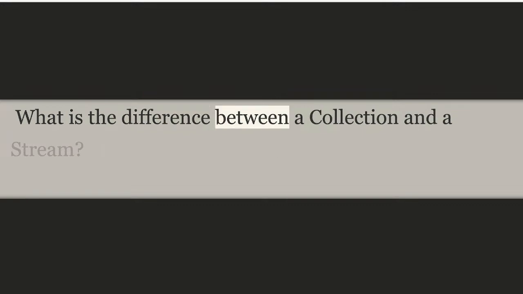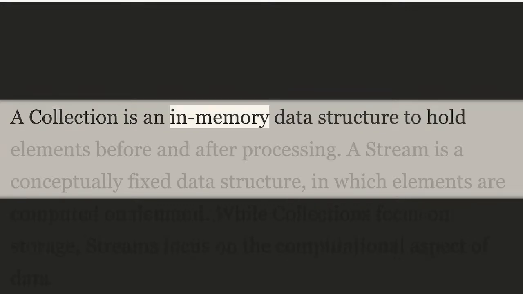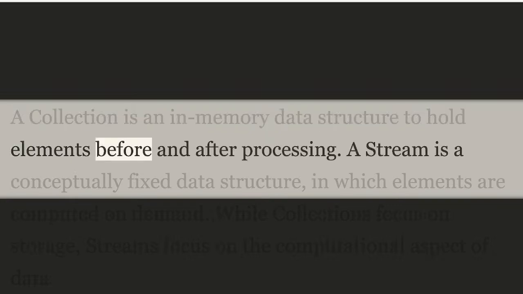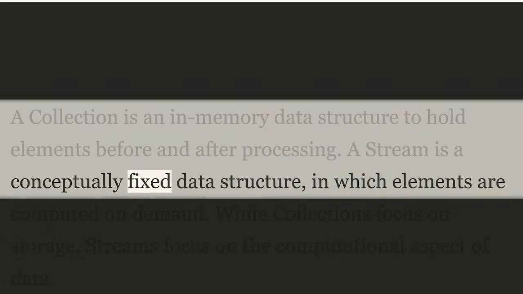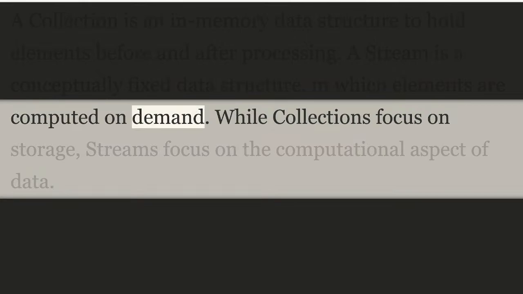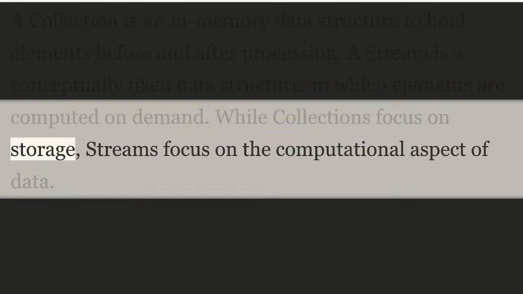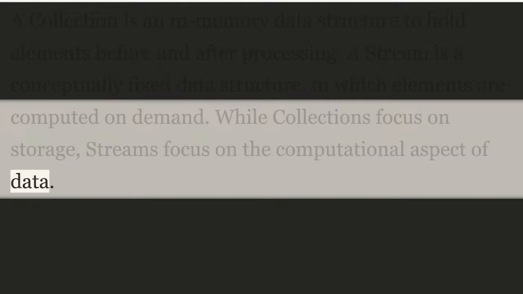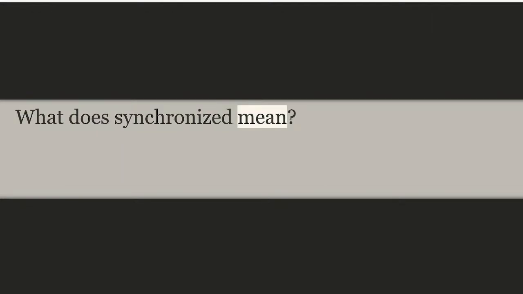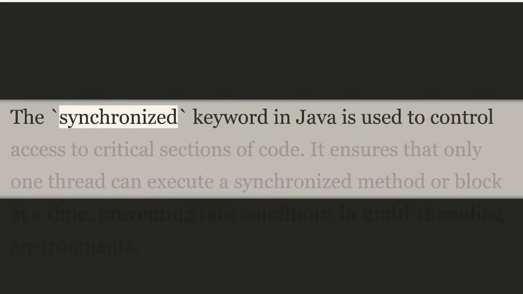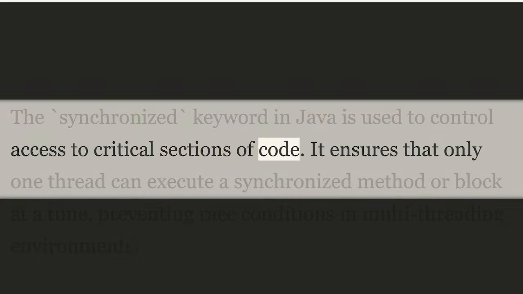What is the difference between a collection and a stream? A collection is an in-memory data structure to hold elements before and after processing. A stream is a conceptually fixed data structure, in which elements are computed on demand. While collections focus on storage, streams focus on the computational aspect of data. What does synchronized mean? The synchronized keyword in Java is used to control access to critical sections of code.